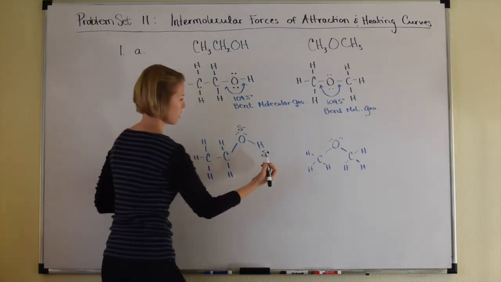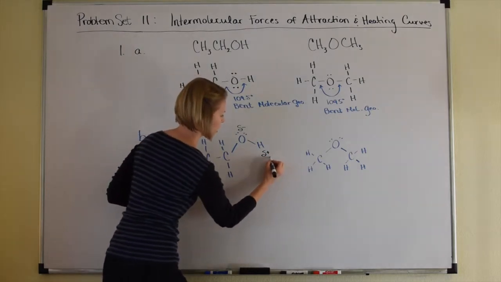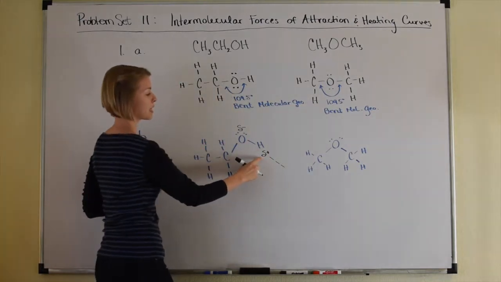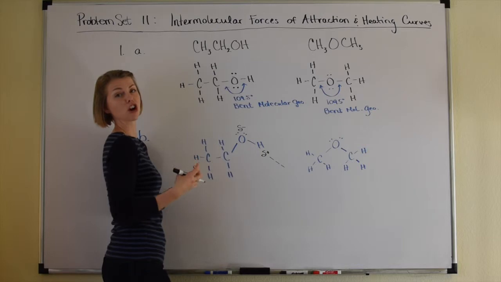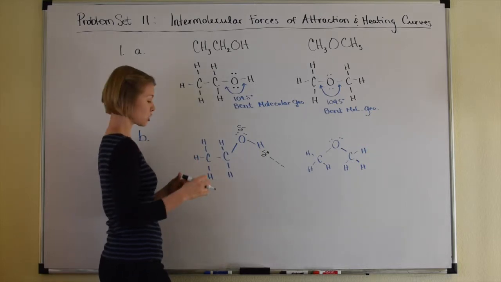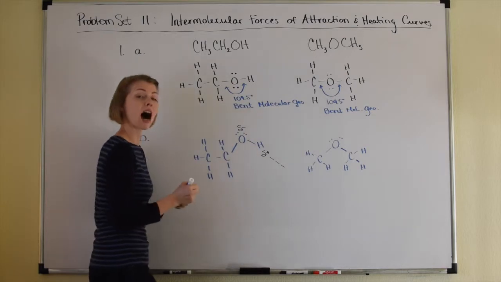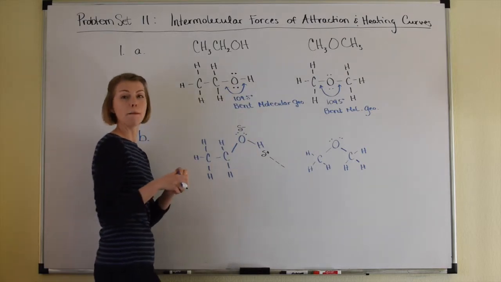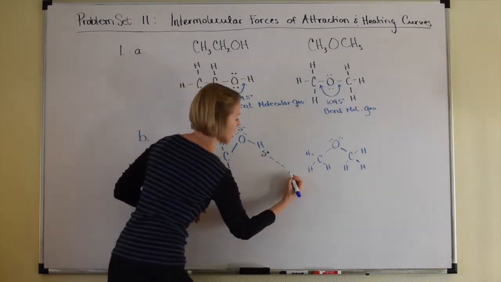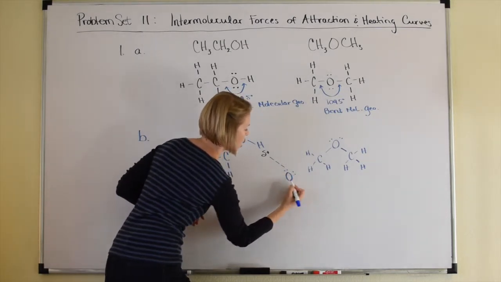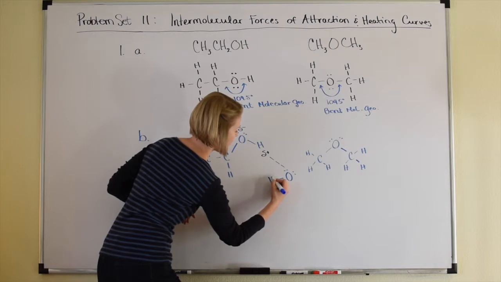Then we can imagine an attraction between this extremely partial positively charged hydrogen and the partial negative portion of another ethanol molecule, which would happen to be the oxygen atom, the lone pair electrons on the oxygen atom.